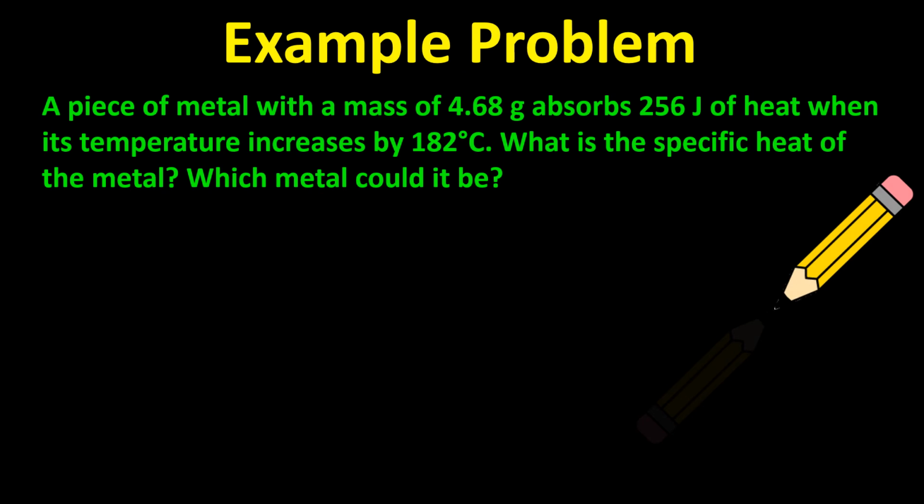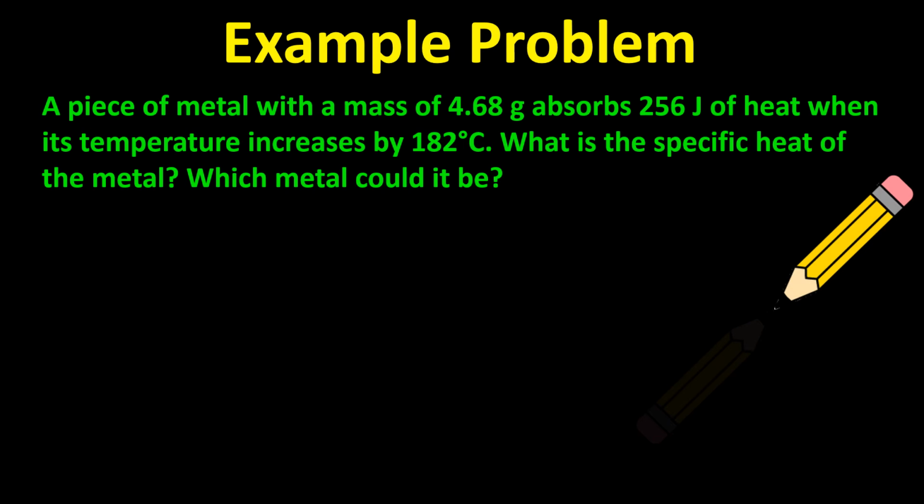So here's an example problem where we're going to determine the specific heat of an unknown metal. A piece of metal with a mass of 4.68 grams absorbs 256 joules of heat when its temperature increases by 182 degrees Celsius.